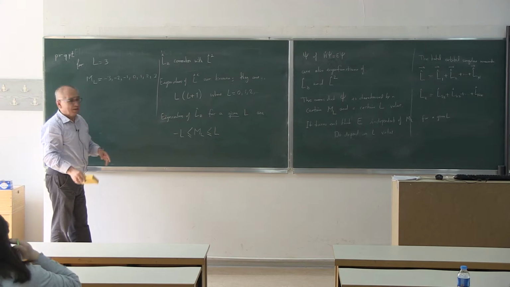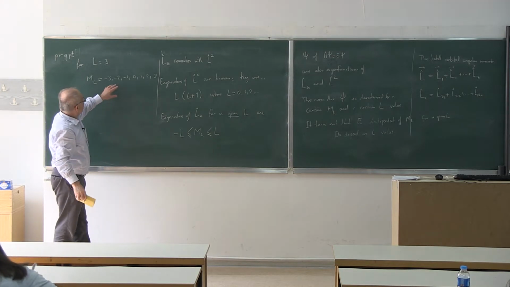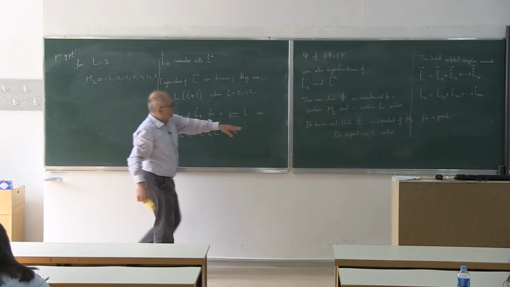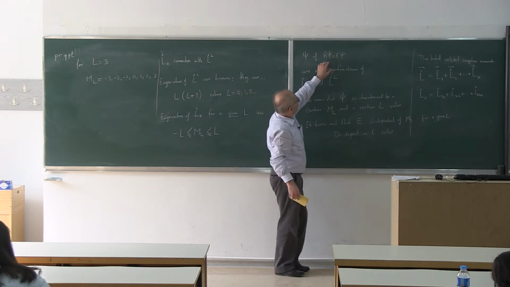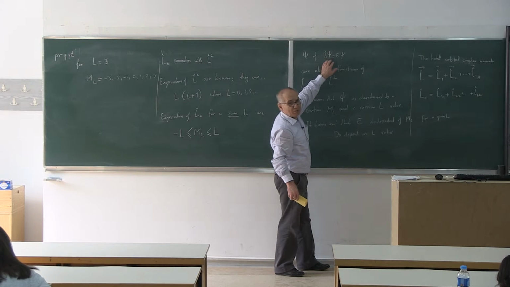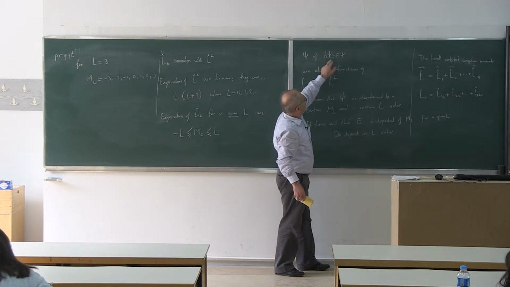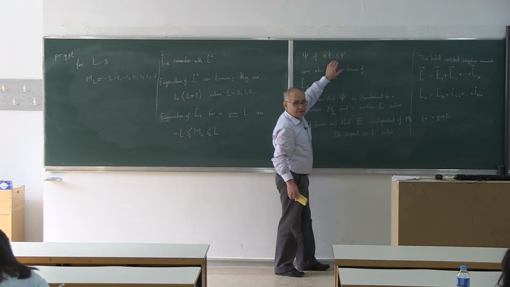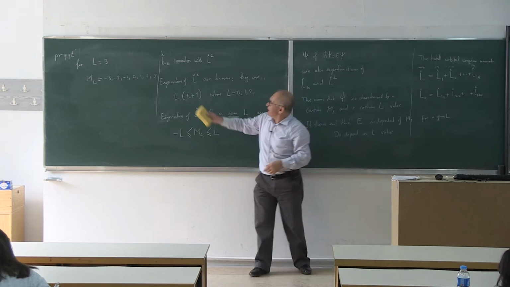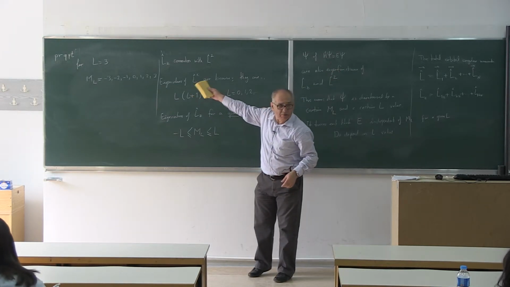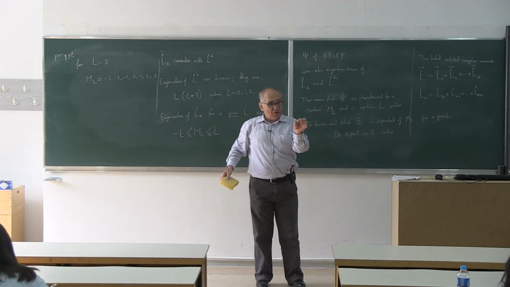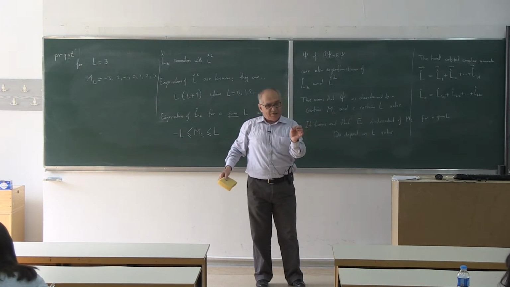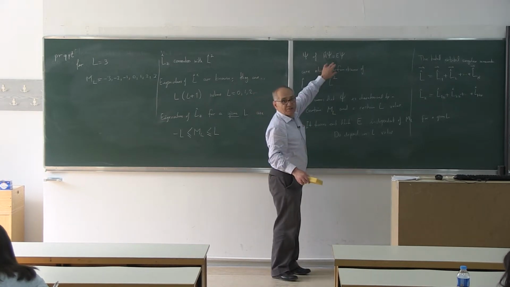Okay? Now, it means that there are solutions of this exact equation in which L is 3. But ML takes how many values? 7 values. L is the same. When ML changes, the psi function here changes.